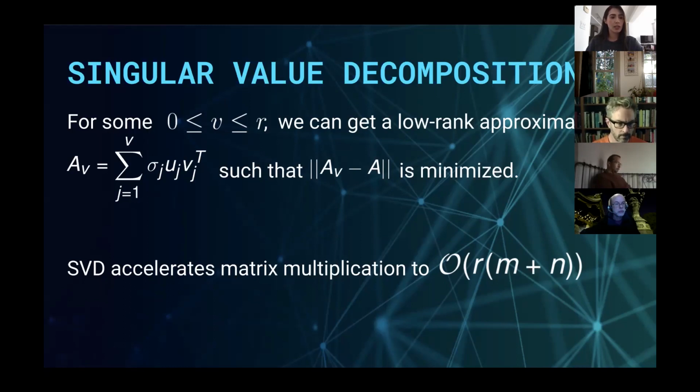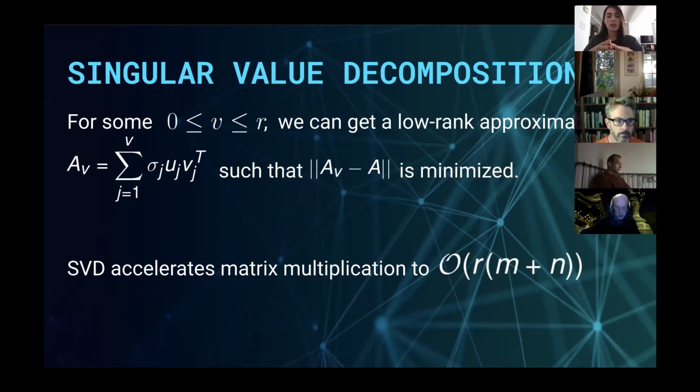So we see here our A sub V approximation is going to be basically the multiplication of the first V singular values with the corresponding eigenvectors. So we really want to find a sweet spot of V value for the low rank approximation such that the matrix norm of the difference between the original and the approximation is minimized.